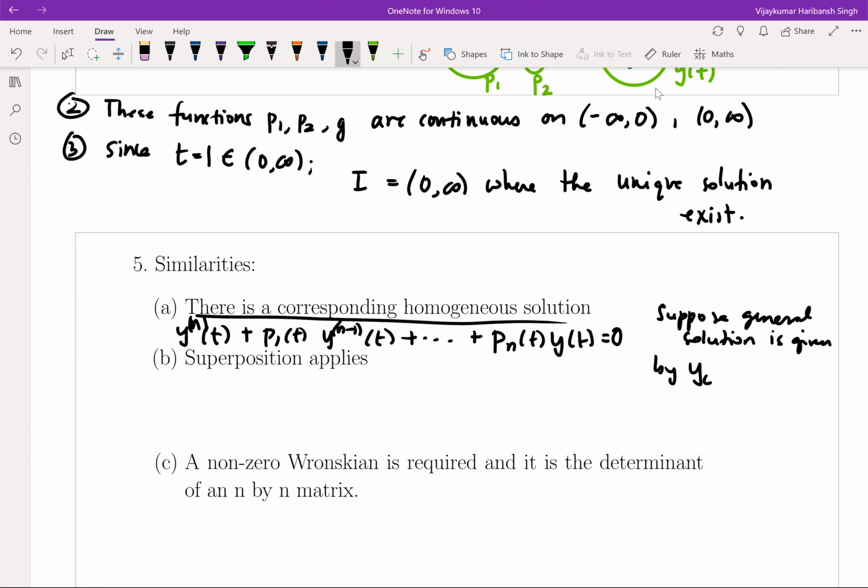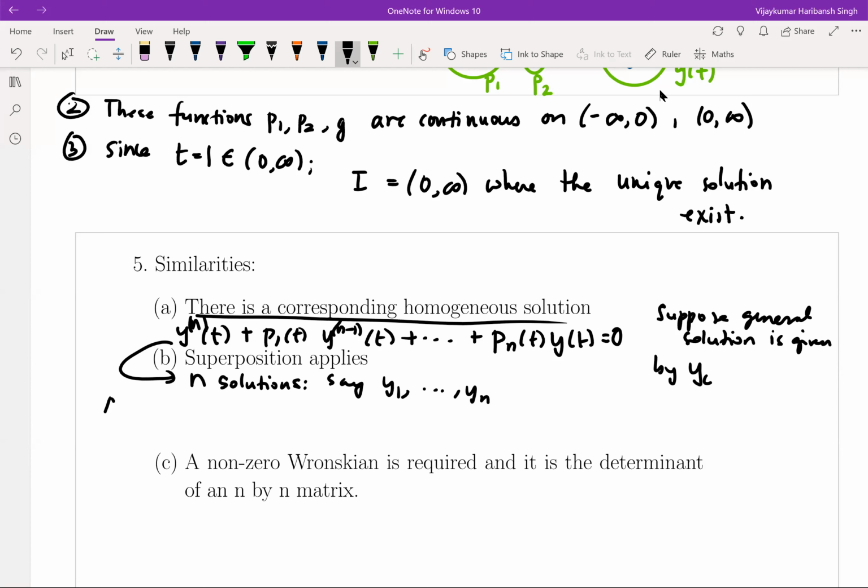yc. Then yc will be given as a linear combination of the n solutions which you get. So this homogeneous equation has n solutions, say y1 to yn.